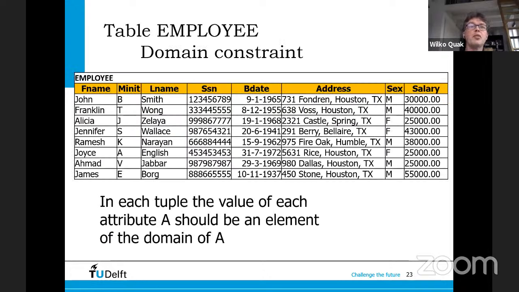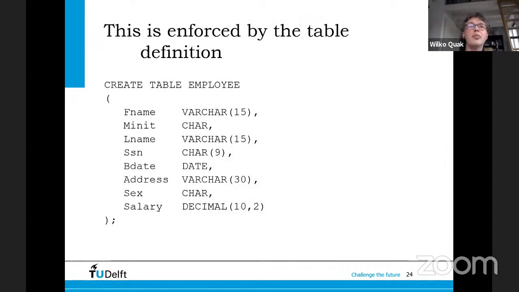Let's see about the main constraint. This is basically about creating the database. So each column, each attribute is of a specific type or domain. So the social security number only contains numbers, and this always contains a date. And this you have to specify when you create a database.